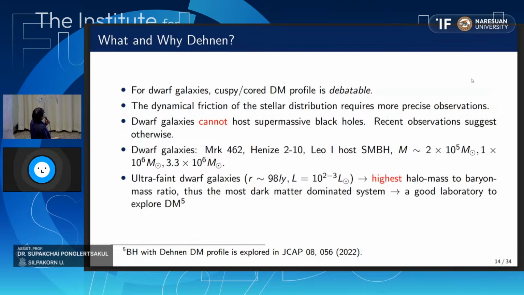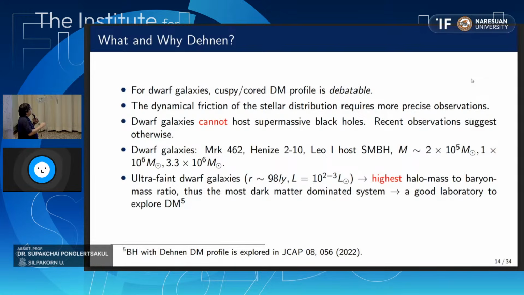And then a couple of years ago, people became interested in what is called the ultra-faint dwarf galaxy. Basically, it's a very small galaxy where the luminosity is very low. The ultra-faint dwarf galaxy has a radius of nearly 100 light years, and a luminosity of 100 or 1,000 times that of the sun.